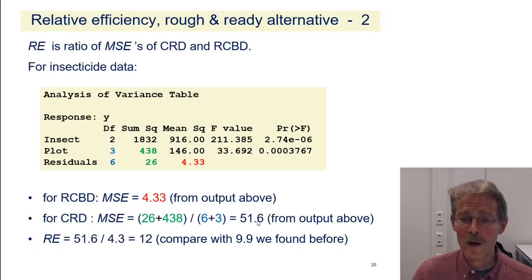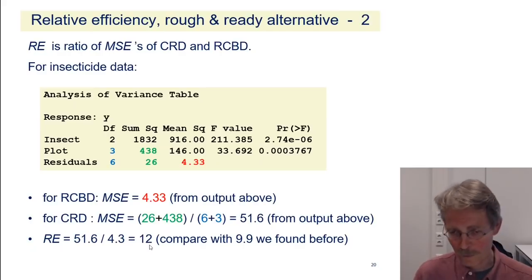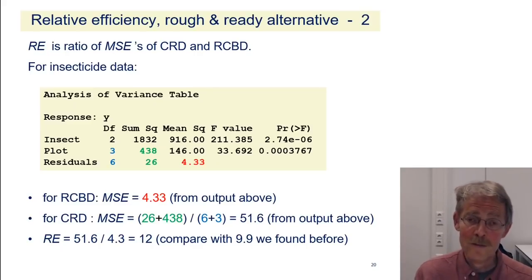And it's 51.6 that you get. So if you take the ratio of the two, you end up with 12. It's more than the 9.9 we had before, but it is of a similar order. You could say that 10, 11 times, maybe 12 times as many observations are needed without blocking to get the same precision. So blocking is really worthwhile according to both criteria, either the formula or the rough and ready way to do it like this.